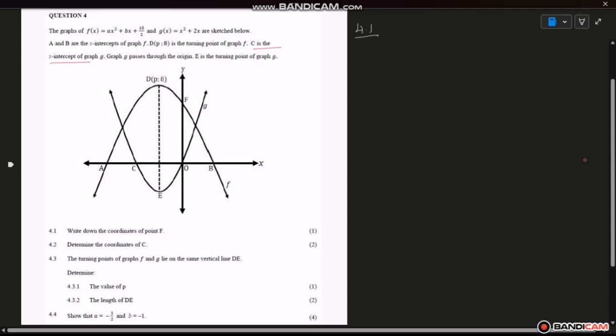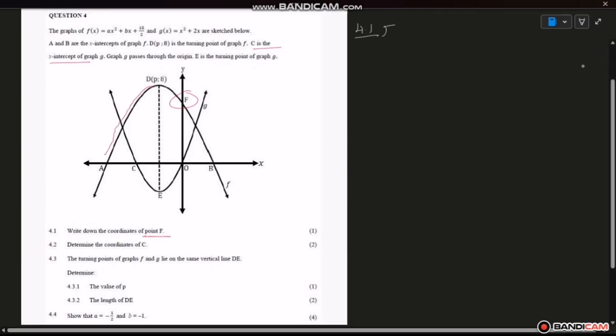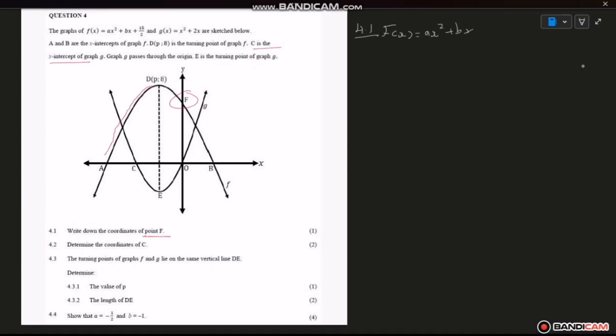They want us to write down the coordinates of point F. You can see that this is point F, the y-intercept of the graph of f. So for us to find the y-intercept, let's write our formula as it is on the statement, plus 15/2. So we know that F is the coordinates of the y-intercept.